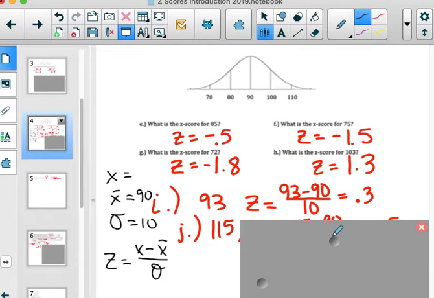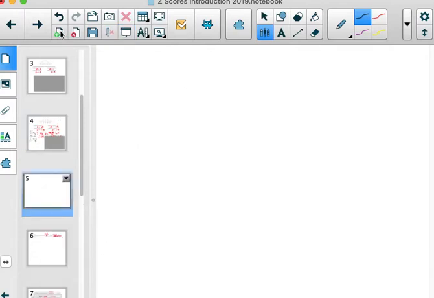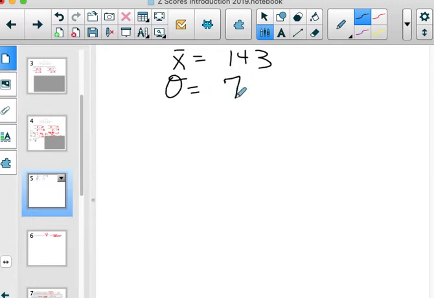So if I give you all a random problem, let's do that. Let's say the mean of a data set is 143 and the standard deviation is 7.